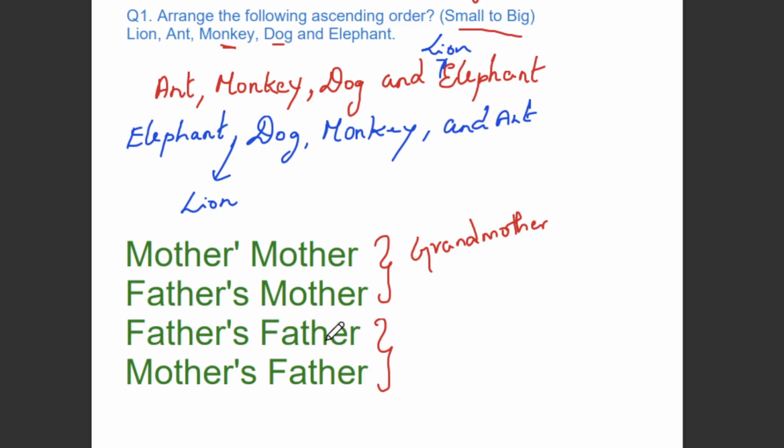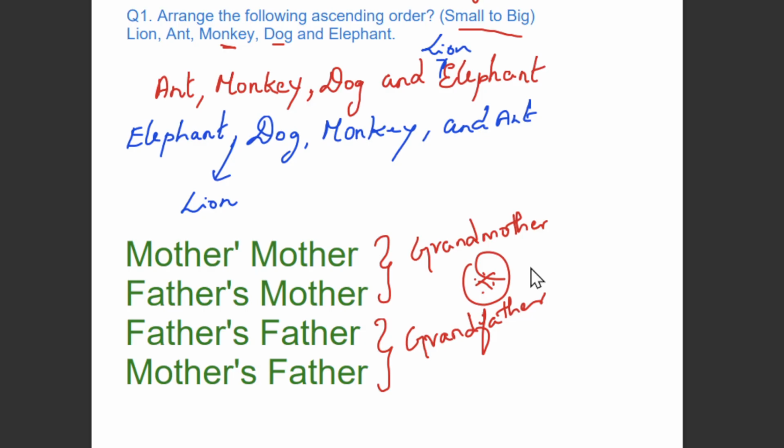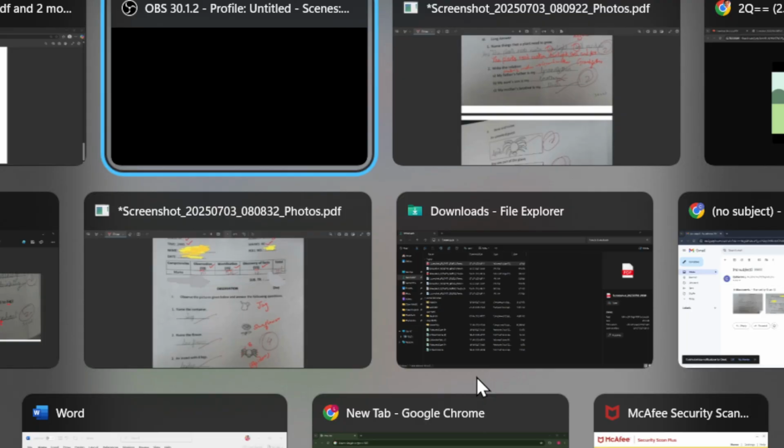And father's father and mother's father are both grandfathers. This one is very important, students. Do not get confused. This question will surely come in your examination. So, mother's mother, father's mother: grandmother. Father's father, mother's father: grandfather.